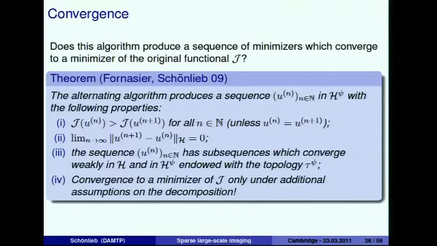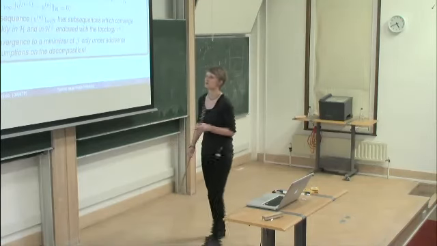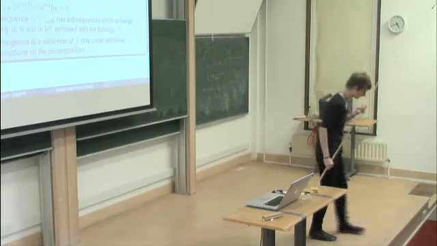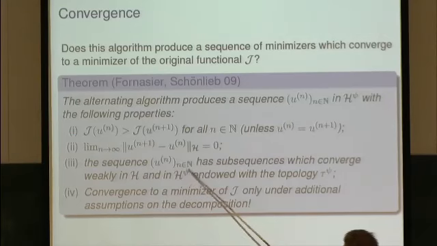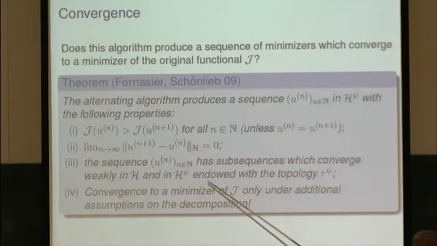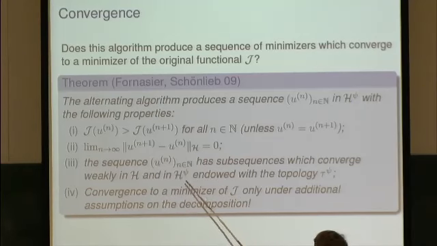The elements of the sequence are approaching each other in the Hilbert space norm, and the sequence is also converging in the topology that is given to us by the regularizers. In our case, it's also weakly converging in BV, which is very weak actually. So it's weakly star converging in the space of bounded variation functions.